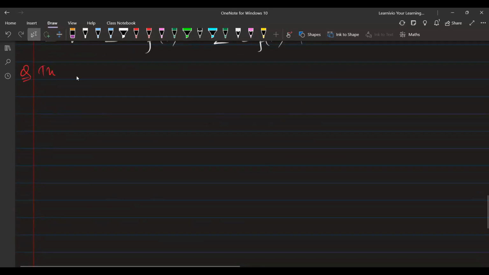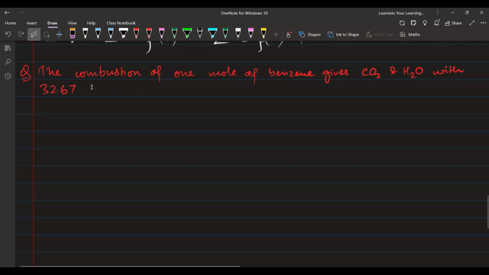Write the question: the combustion of one mole of benzene gives carbon dioxide and water with 3,267 kilojoule of heat at 298 Kelvin and 1 bar.